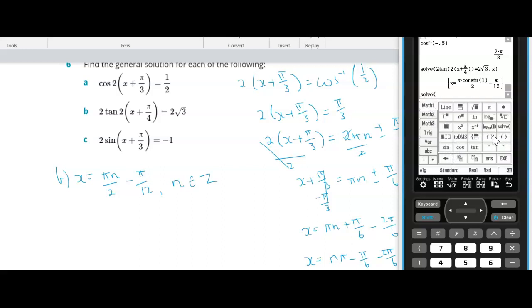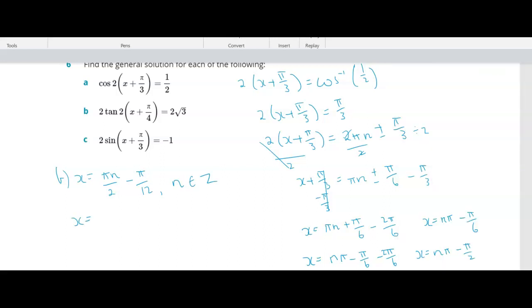All right, so we've got solve 2 sine x plus pi on 3 equals -1. Don't need to restrict the domain. So you can see here we've got constant 1 and constant 2. That just means you can separate them.